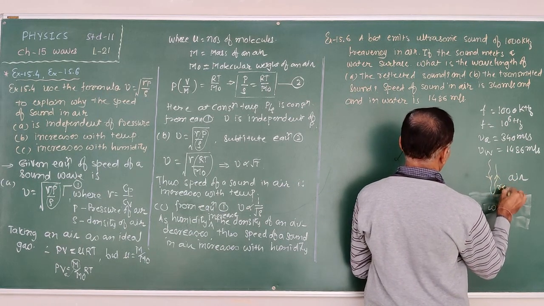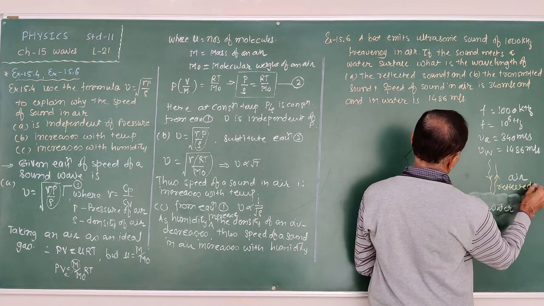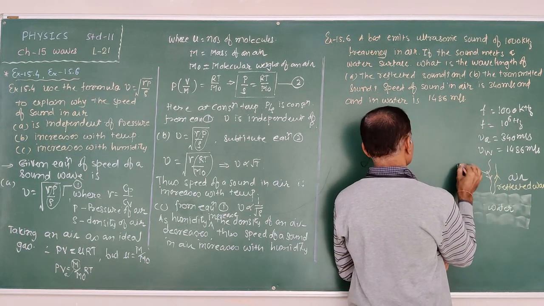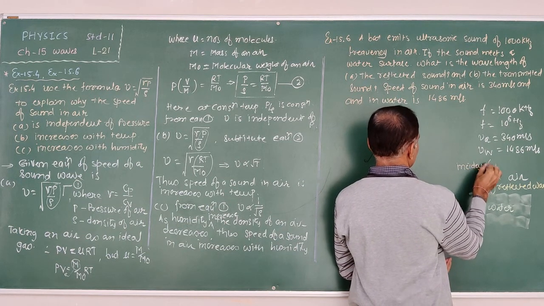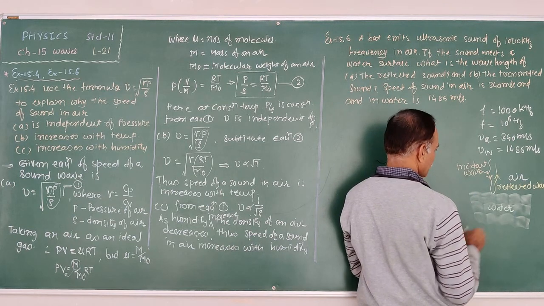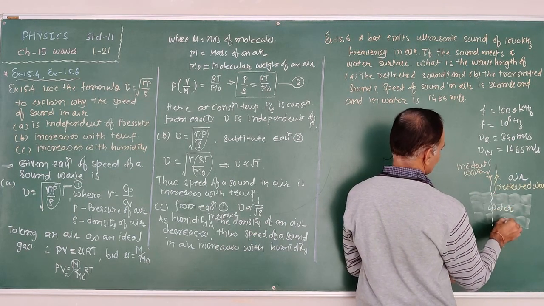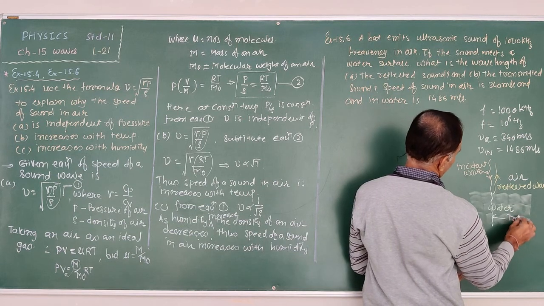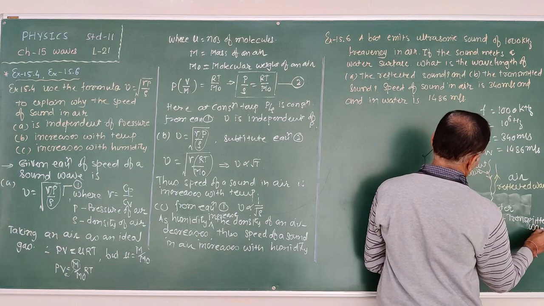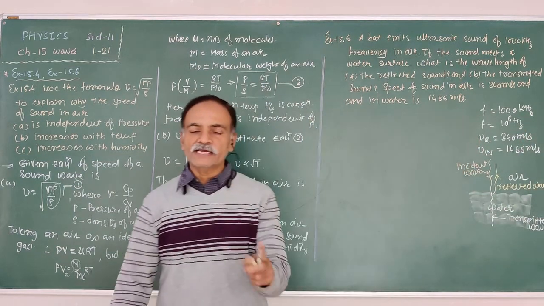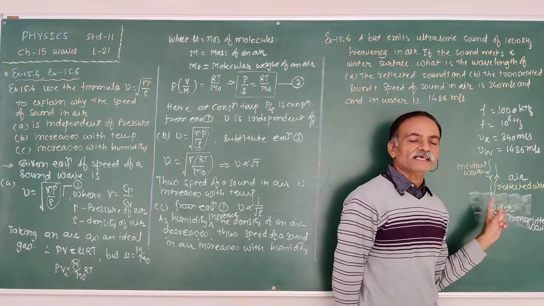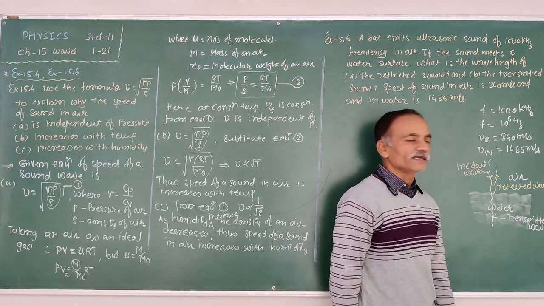That is the reflected wave, that is the incident wave, and that is the transmitted wave. So in short, the reflected wave travels in air medium, while the transmitted wave after the incidence travels in water medium.